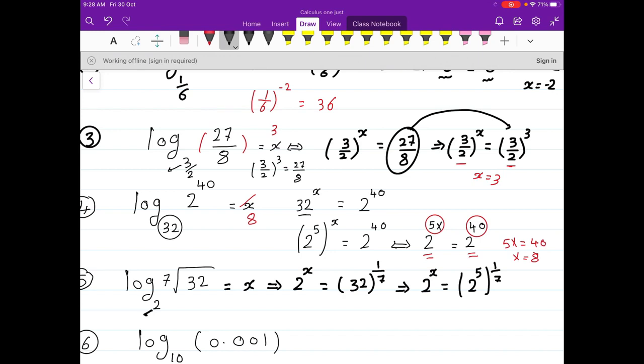So we have 2 to the power x equals, you multiply the powers, 2 to the power 5 over 7. Now, they have the same base, which means the exponents are equal. That means x equals 5 over 7.